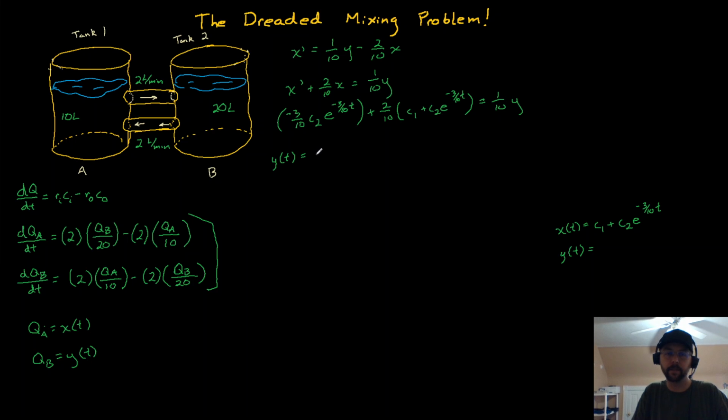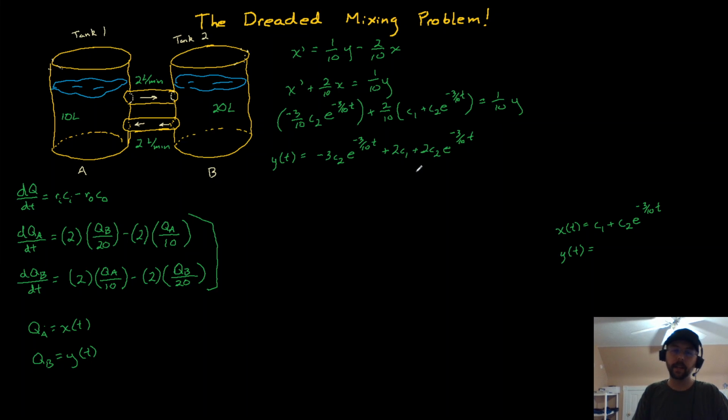So first we're going to have negative 3 c2 e to the negative 3 over 10 t. Then when we do this, we just multiply by this and we get 2. So we're going to take 2 and distribute it into both of these terms. Plus 2 c1 plus 2 c2 e to the negative 3 over 10 t.